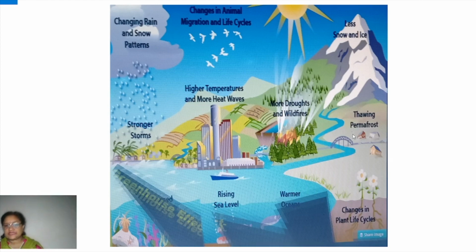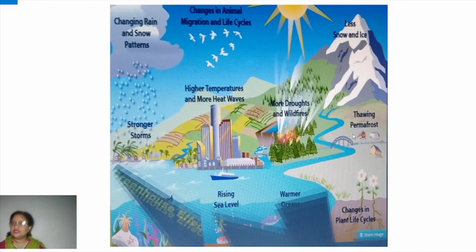So basically, children, these are the effects we are going to face as a result of global warming. Several other side effects also. We have just discussed a few, because out of all these things, many other problems are going to develop. There will be floods in several areas.